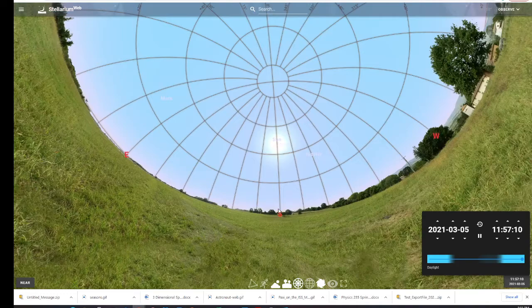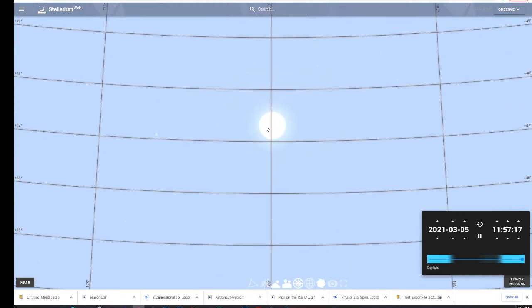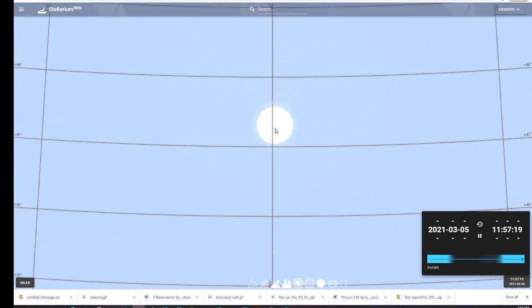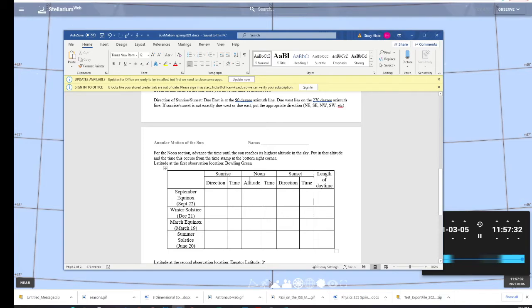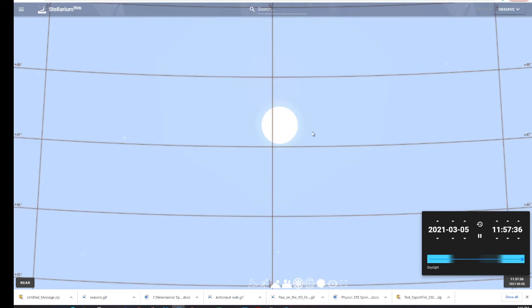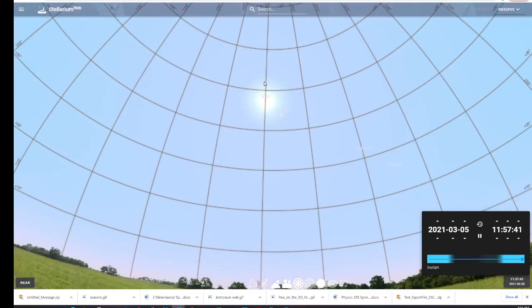So this line that runs across the sky from north to south also corresponds to the time when the sun is at its highest altitude, its highest point in the sky during the day. All right. So when you are calculating noon, you're going to find the point where the sun is highest in the sky, right?